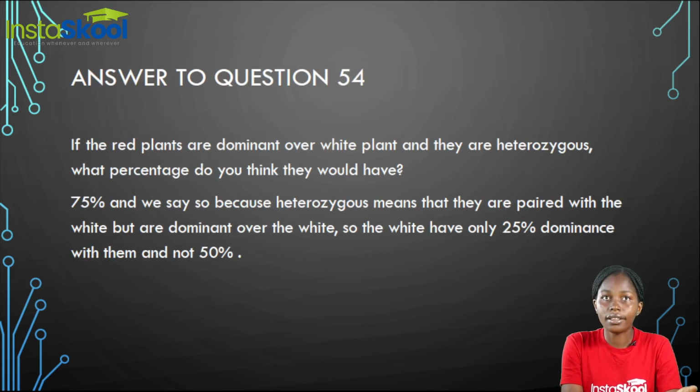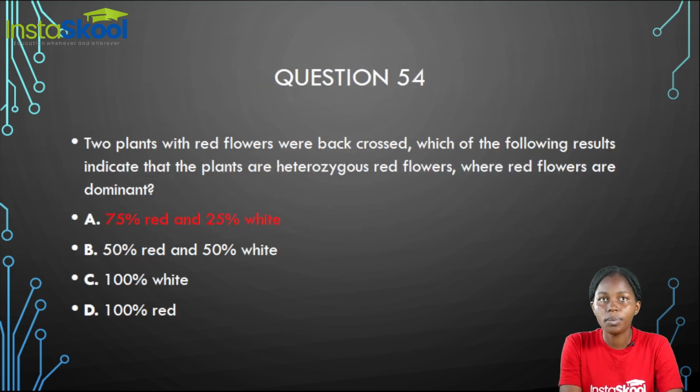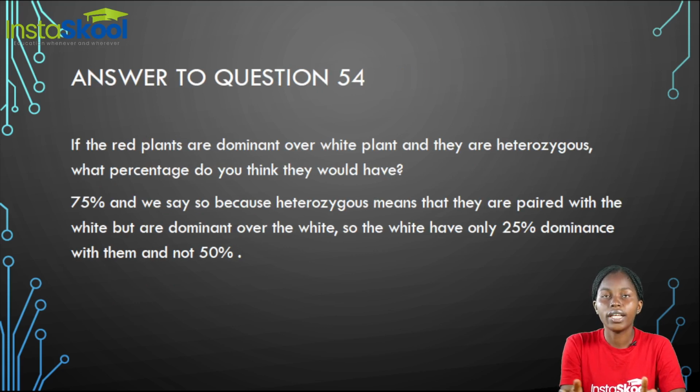And since they are heterozygous, what percentage do you think red flowers will have? Red flowers being paired with white flowers would have 75%. And we say so because they cannot have 50% alongside white flowers because they are dominant and they are heterozygous. So we leave the remaining 25% for the white flowers.